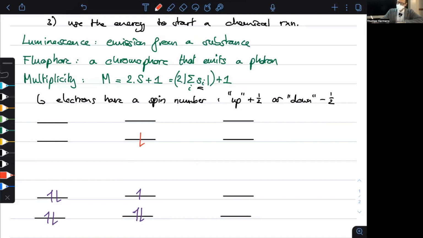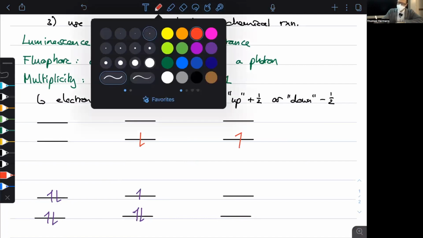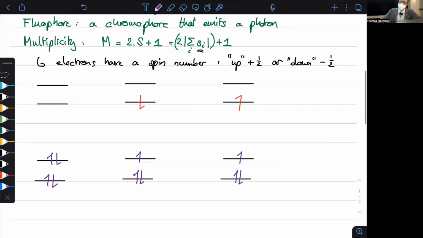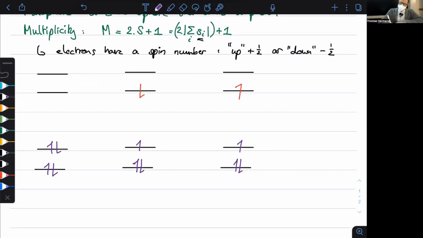And this electron can in principle be up or down, right? So let's draw the other ones in the ground state. So here you would have the same. So let's look at the spin multiplicity of these states. So we have M is 2 times... let's count here.